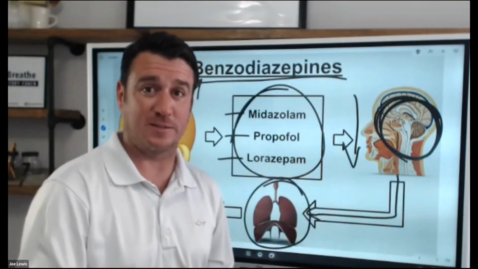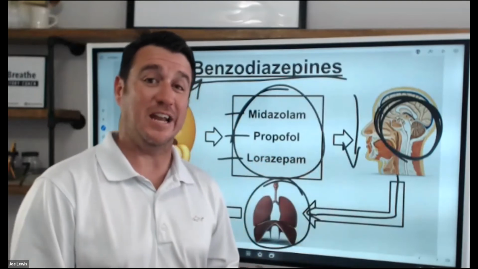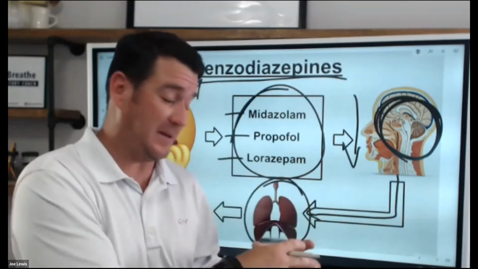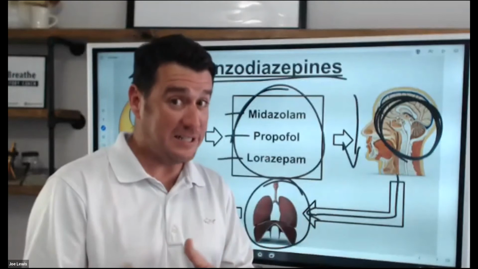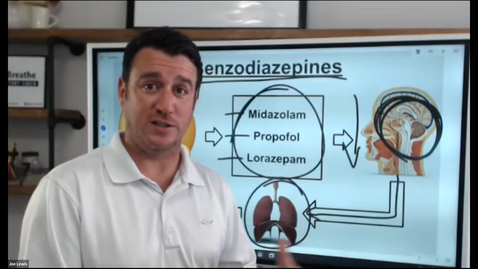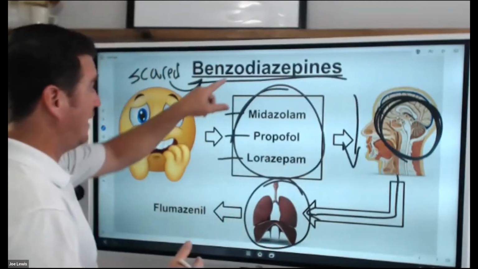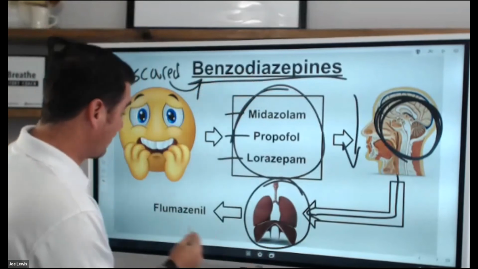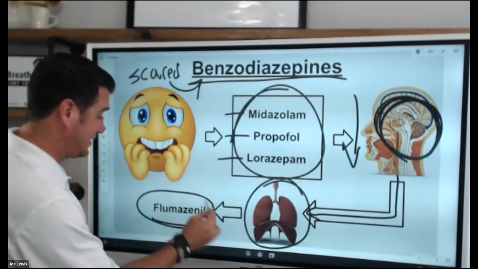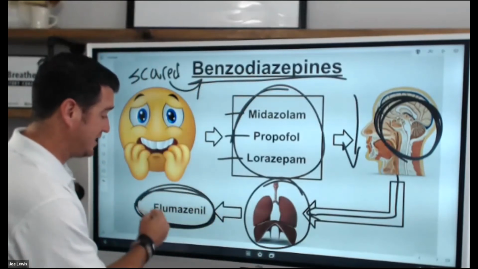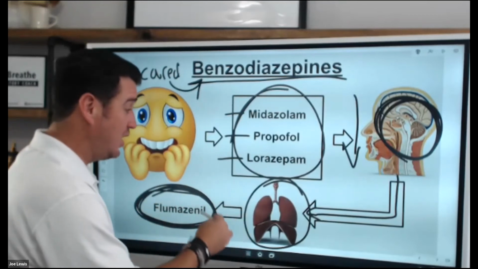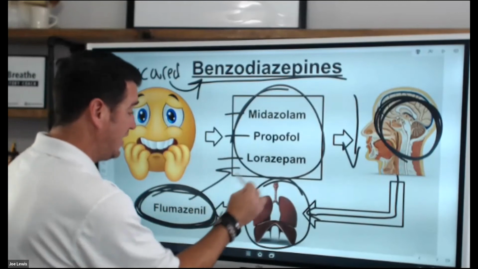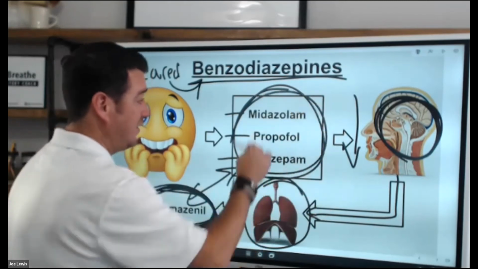Now, just like we talked about with narcotics, when we're talking about our benzodiazepines, there's also a reversal agent, but it's different than it was for our narcotics. When we talk about benzos, our reversal agent is flumazenil. This is Romazicon. Okay, so this drug will reverse the effects of these drugs.